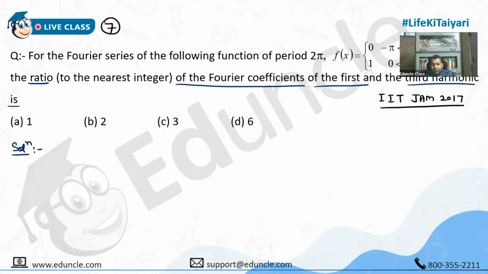So rather than solving AN, you can go for A1. But I don't recommend because there is a reason. Suppose it is the ratio of A coefficients. Then again, you need to solve for A3 or rather AN to get the answer. So instead of that, if you straight away go for AN, that can solve your purpose. So that is the reason I'm going for AN and BN in this particular problem.